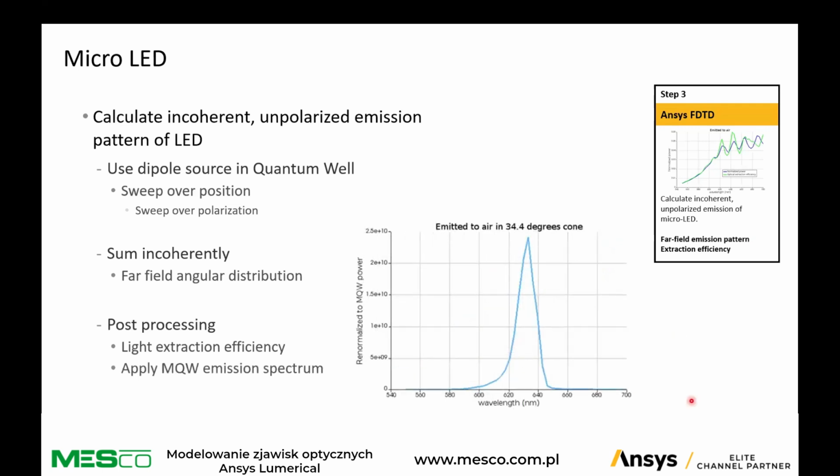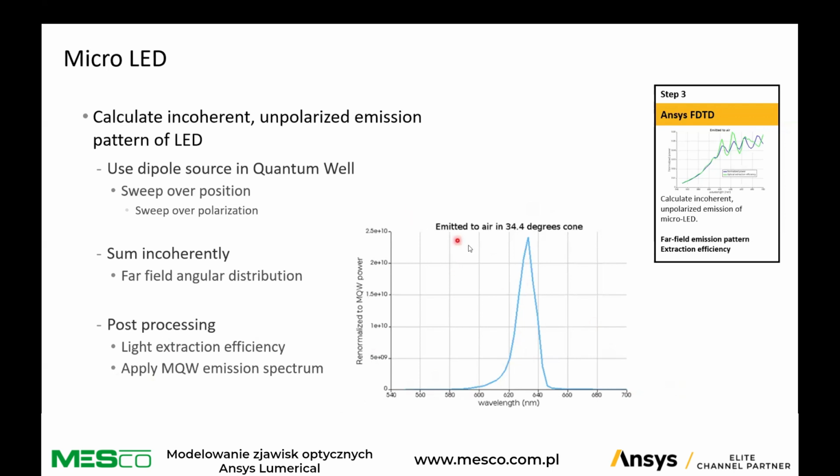We can also apply the emission spectrum calculated from the quantum well simulation, where we get the spontaneous emission spectrum for light with a polarization parallel or orthogonal to the quantum wells. We simply apply that spectrum to the emission that we calculated, and you get the actual emitted power for that LED.